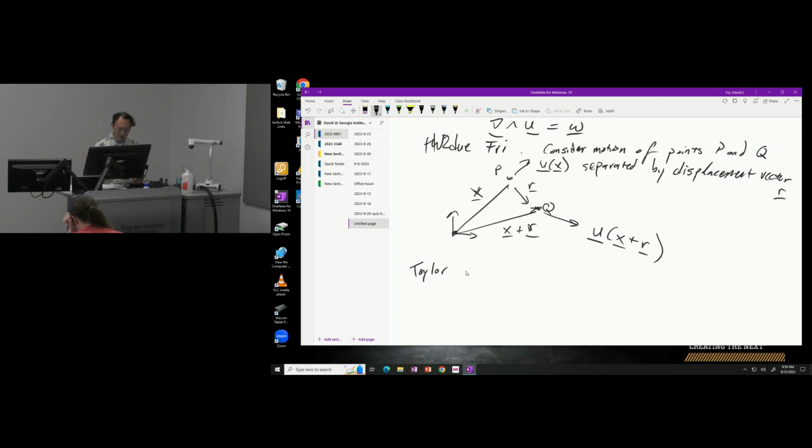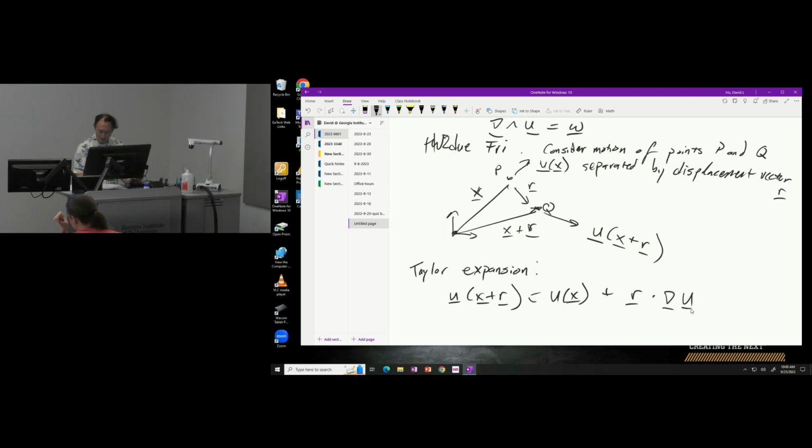So we touched upon this briefly, not last time, but before we got distracted by quiz 1, that the velocity at some point away from x can be written as the velocity at x, plus basically how much distance you have in between them. So all of you know the 1D Taylor expansion.